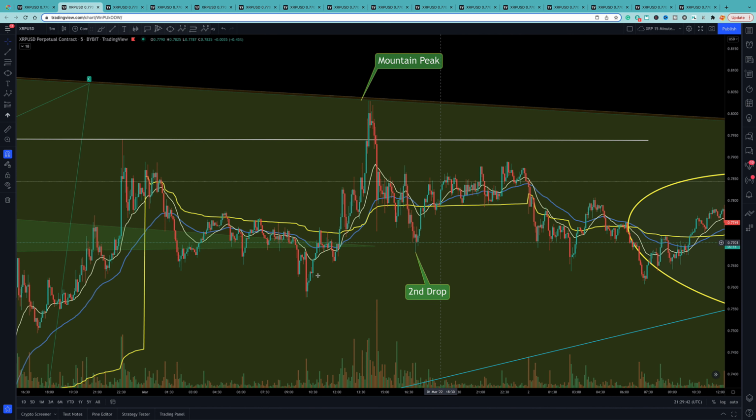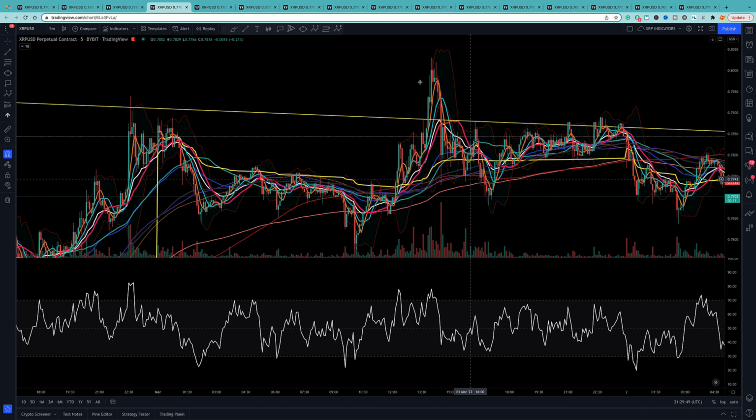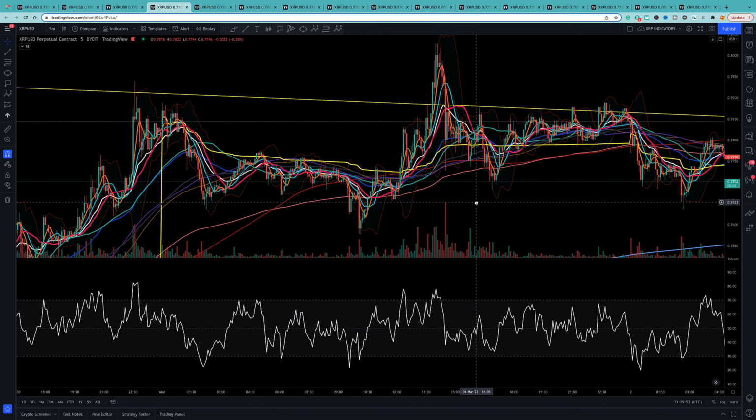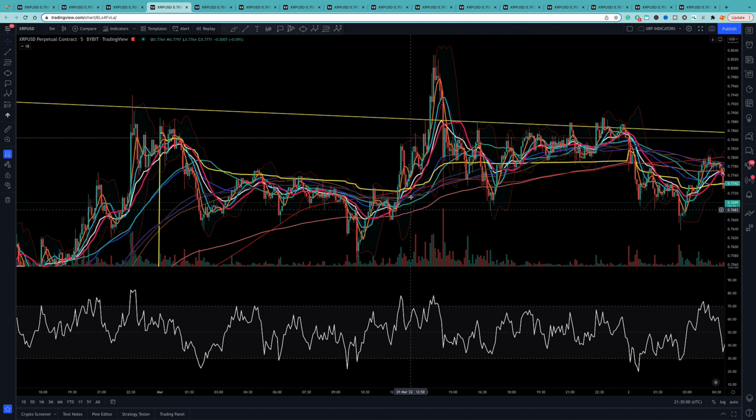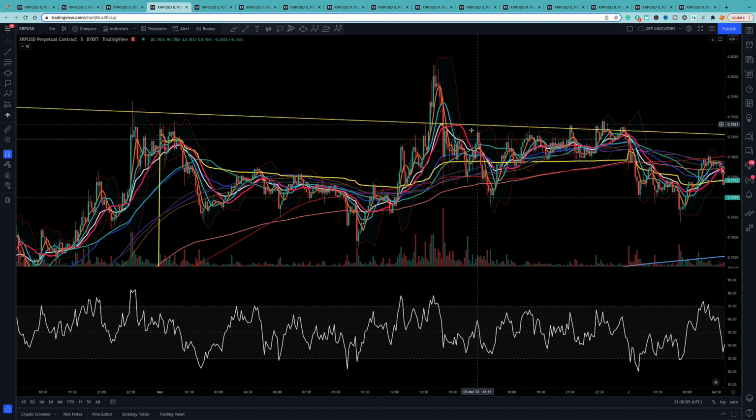So now, here's the bottom. Okay, so here's the same thing here. So now here is the RSI. This is where it gets interesting. All this is distracting me a little bit, but this is what we're looking at. I'll do a box.